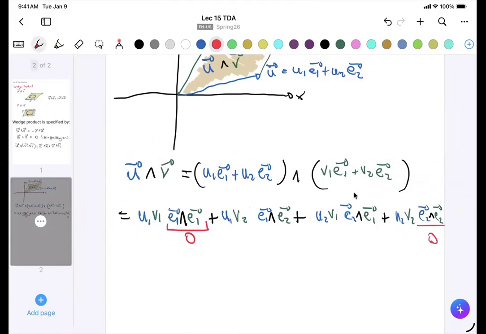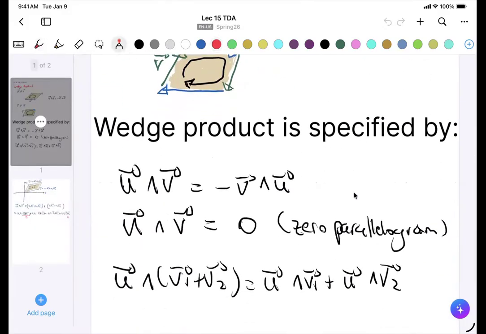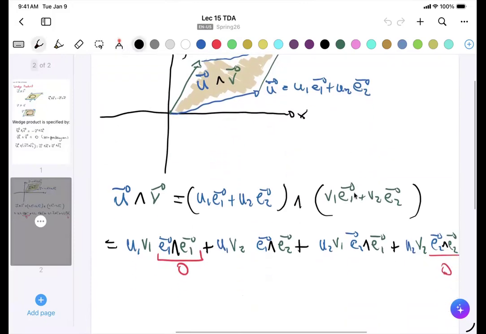And then you can use the fact that it anti-commutes, meaning that u wedge v is minus v wedge u, which is the same that you have with the cross product, right? So this gives you minus E1 wedge E2.